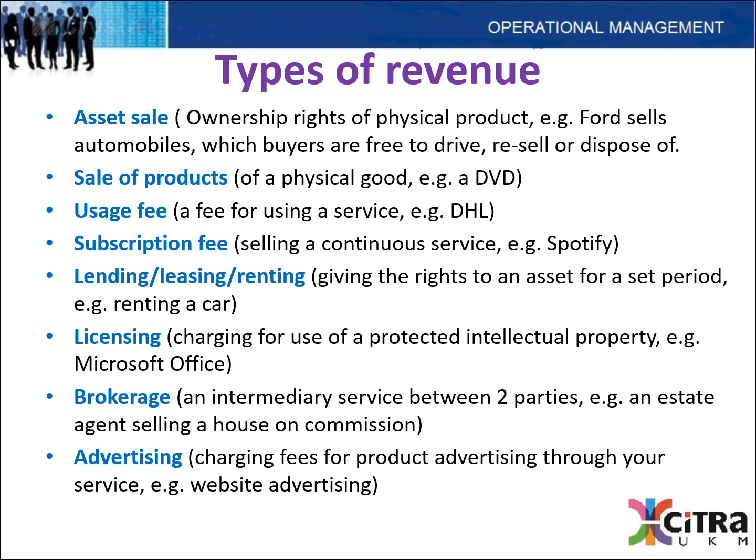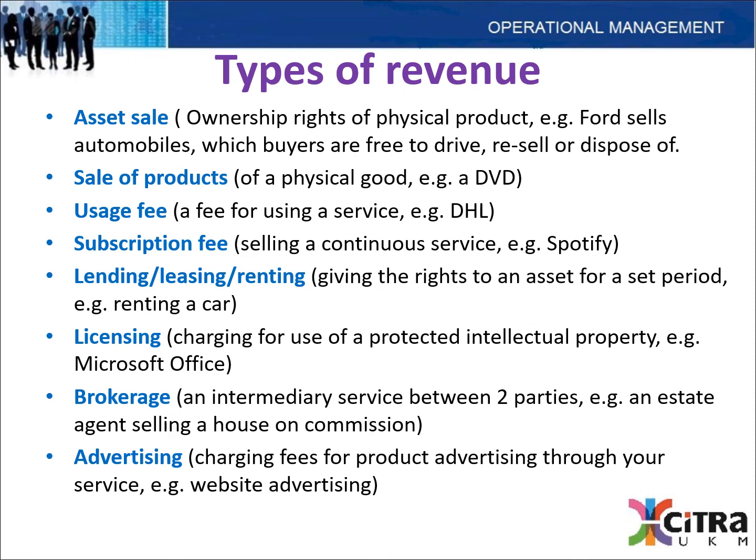The other type is sale of products, such as beef, like I mentioned before, the donut, the T-shirt, the DVD. Then another type is a usage fee, services like DHL or Maxis. Then there are subscription fees like Astro, Netflix. It also includes lending, leasing, renting, for example, renting a car.